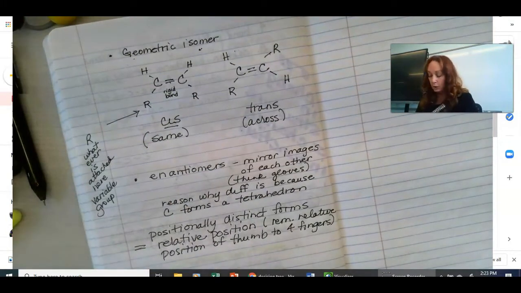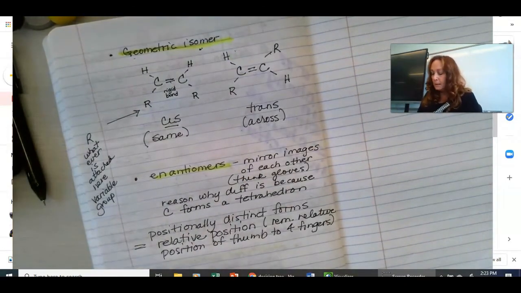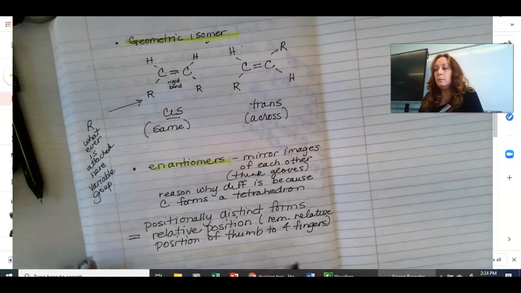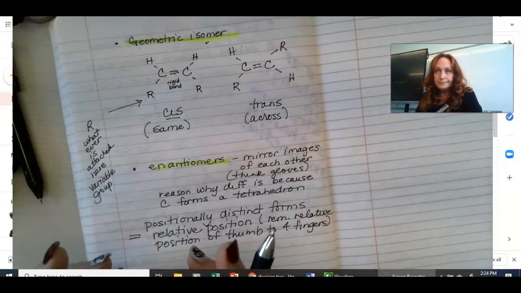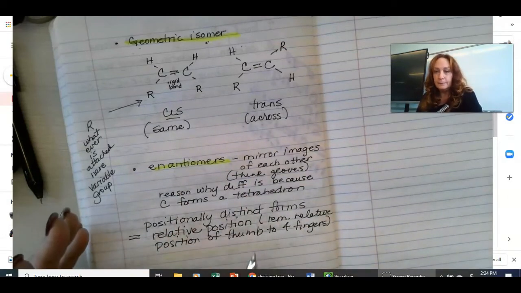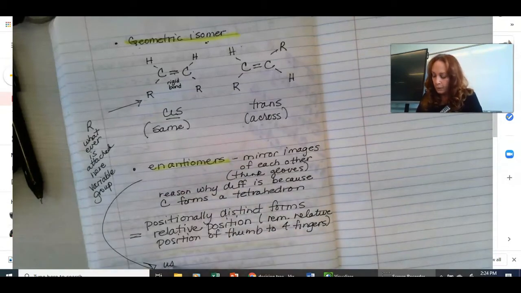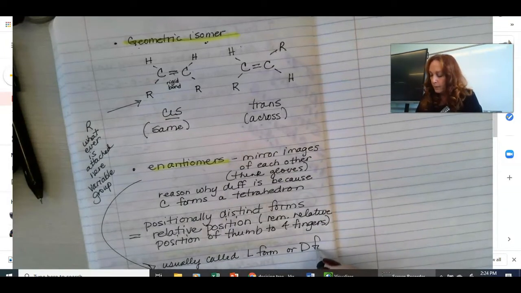And what we usually do with these, let me highlight these real quick while I'm thinking about it, is we think about this a lot of times for drugs. So, you know, we have Eastman here, but if they're trying to make a molecule, let's go that route, they will make both forms. They're usually called the L form or the D form.